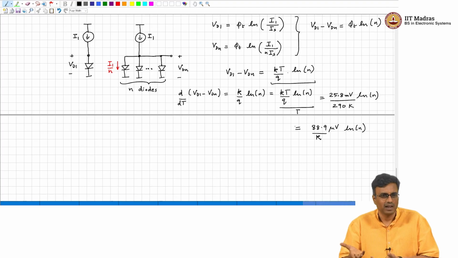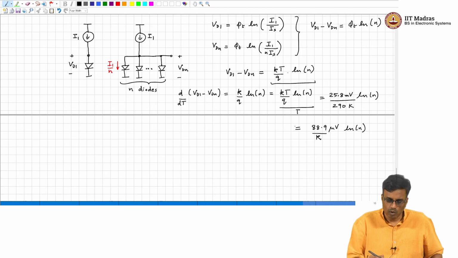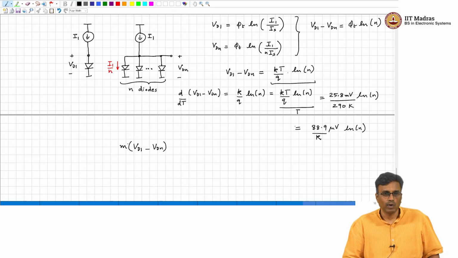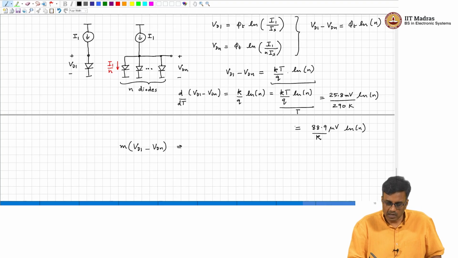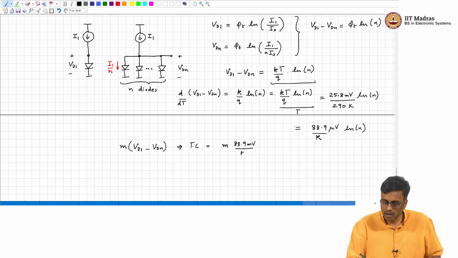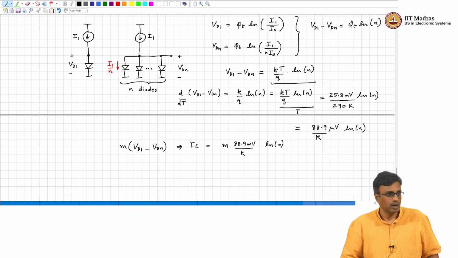You just amplify, correct. So, if you multiply VD1 minus VDN by a number m, what is the temperature coefficient? m times 88.9 microvolt per Kelvin times ln N, correct?